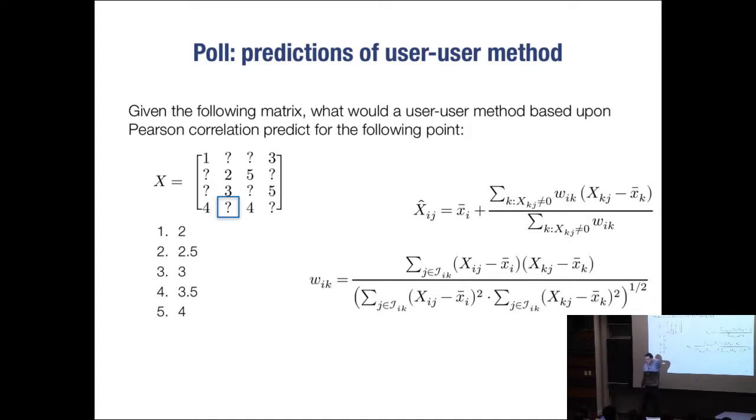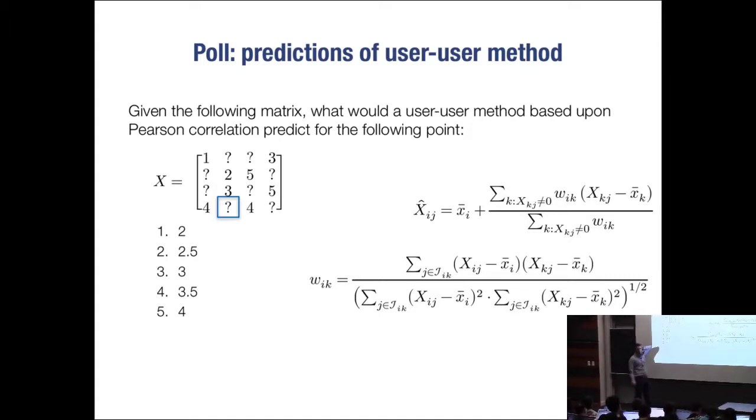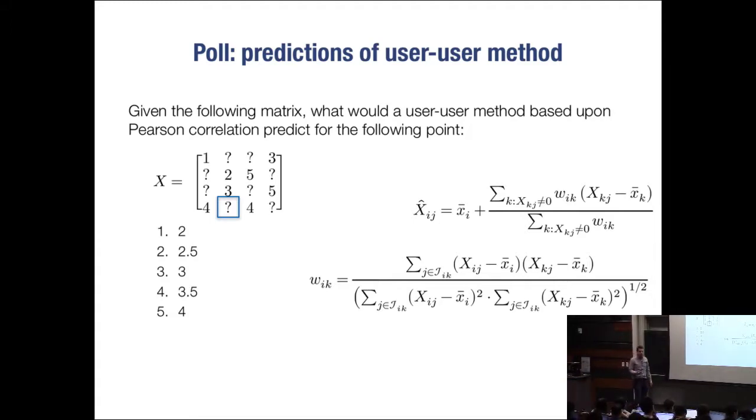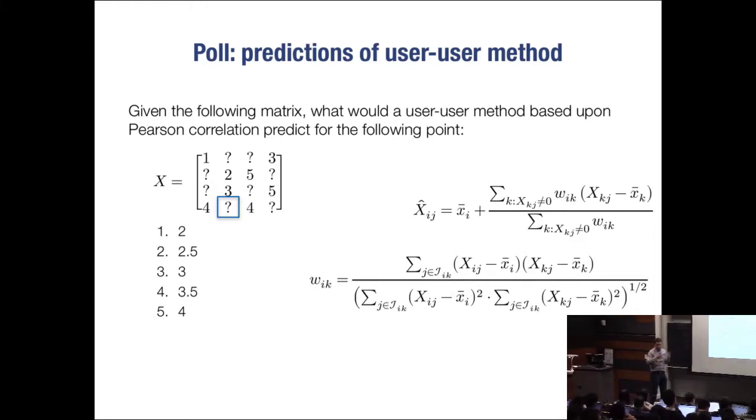Oh, I see. So the idea here is that user 2 seems more generous because they're giving a higher rating than the other user. That's true, but on the flip side, user 4 just rates everything really well, right? Their mean is higher than the other mean, and that's what's being factored in there. Again, this is an assumption of the method.